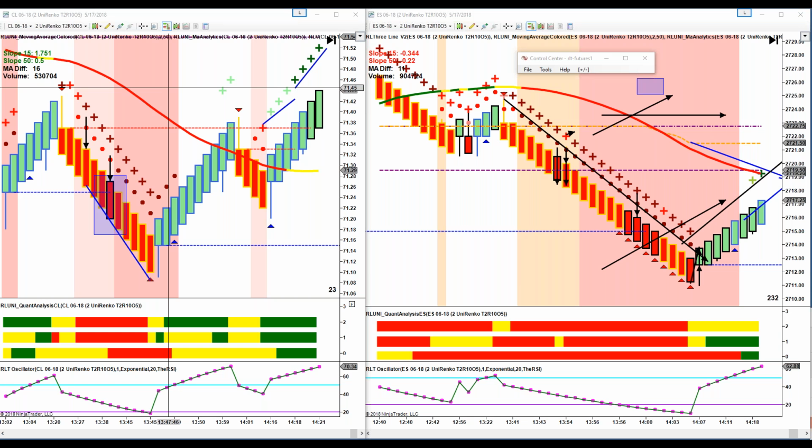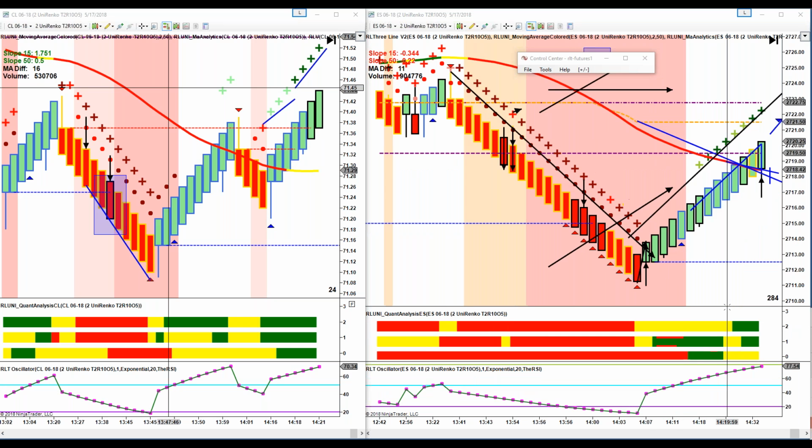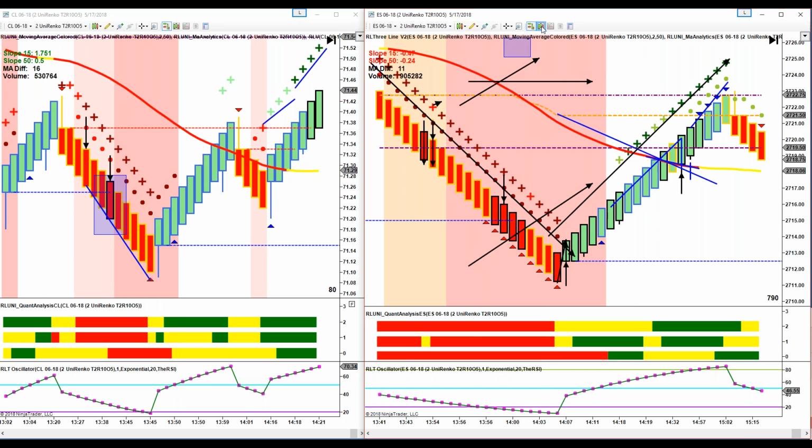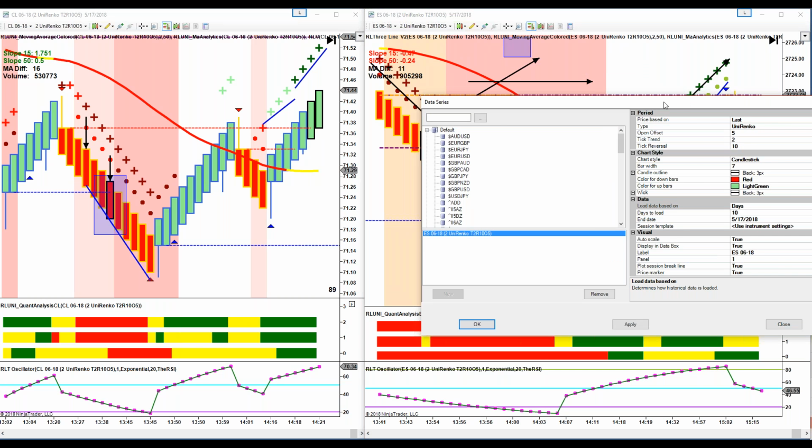They're different for different markets, different calculations, because different markets run at different speeds, Brian, and the correlative markets in the quants need to have an appropriate speed. Like the E-mini, if you look at the speed of the E-mini versus the speed of crude on the same Renko, it's a 5-2-10 on both.